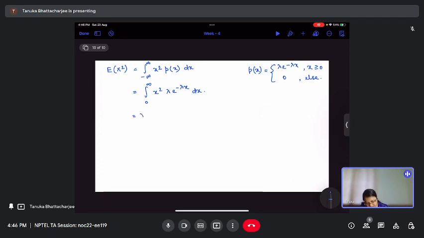So, we will keep lambda out. Then here we take x square as the first function and e to the power minus lambda x as the other function. So, the first term will be minus, the second term will be, we have to take the derivative of x square and the integration of e to the power minus lambda x.